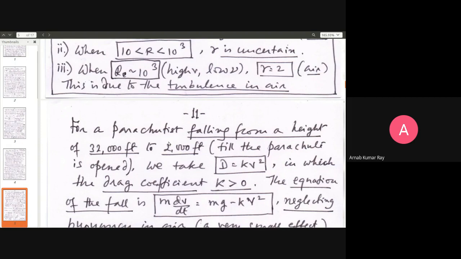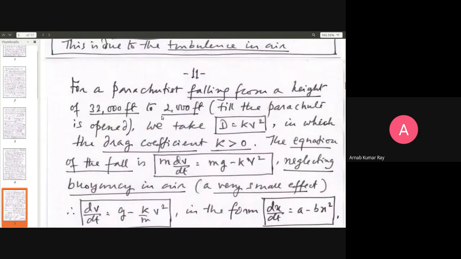Okay. So when you have a parachutist falling from a height of 32,000 feet to 20,000 feet, that's how all these skydiving works, though it doesn't happen at very great height. But people are setting all these world records.